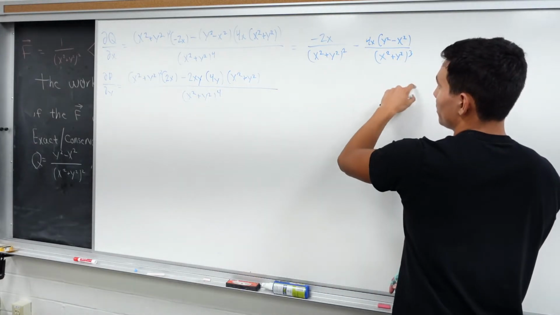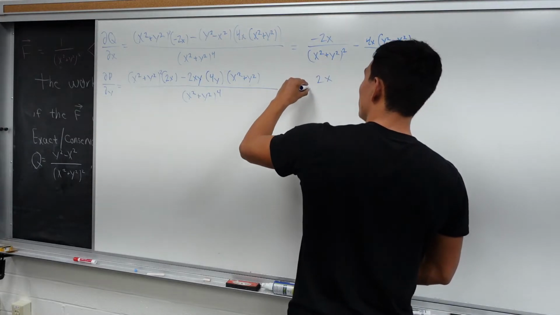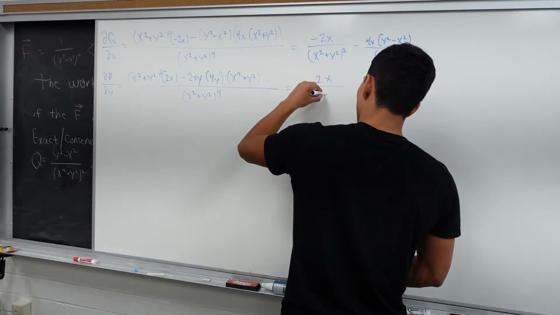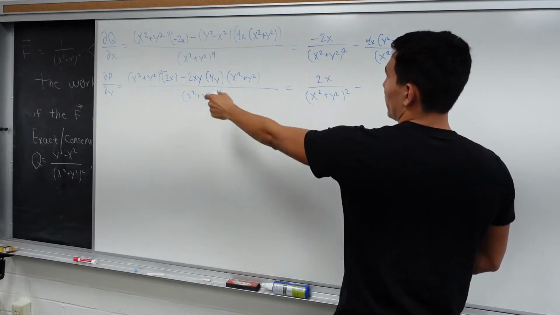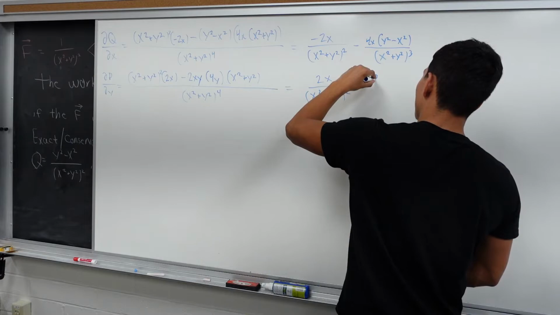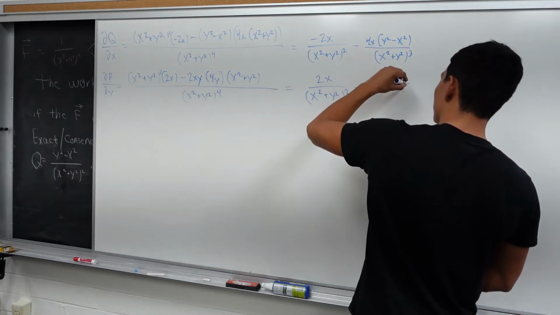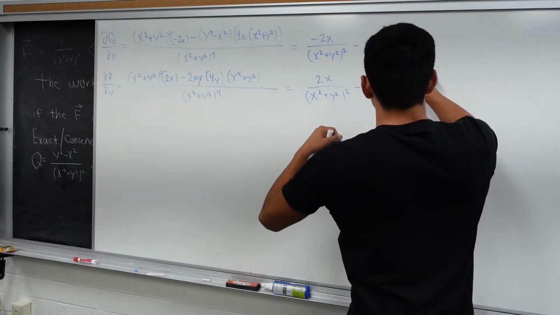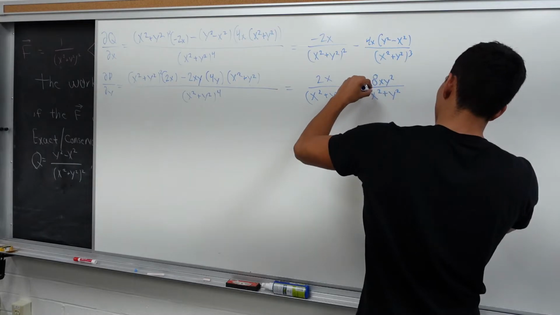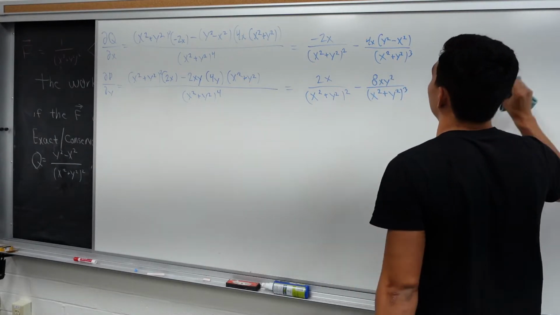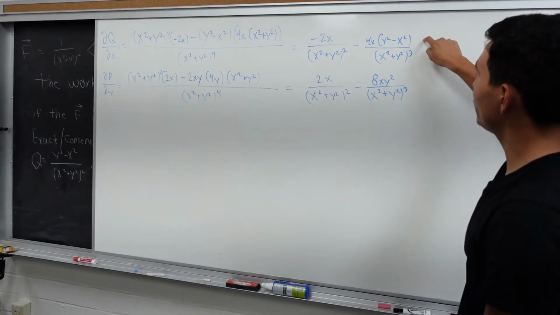This is good. Okay. How about this one? I think the same thing kind of happens here. 2x, x squared plus y squared, squared, minus 8xy squared, and then x squared plus y squared cubed. So what we need to do is rewrite this one.